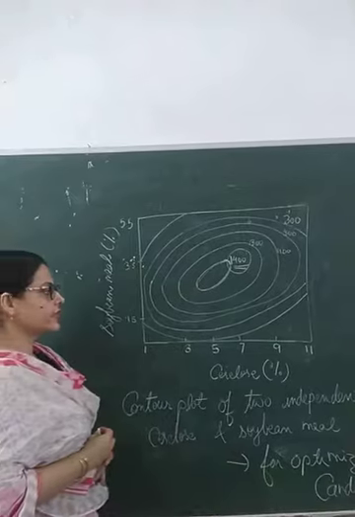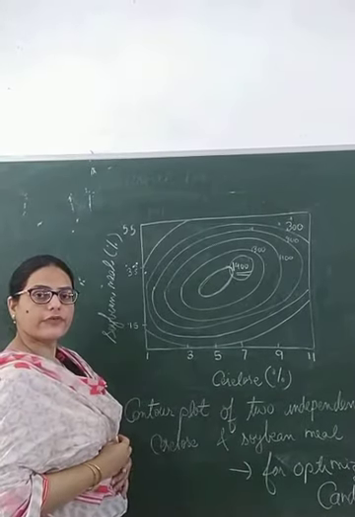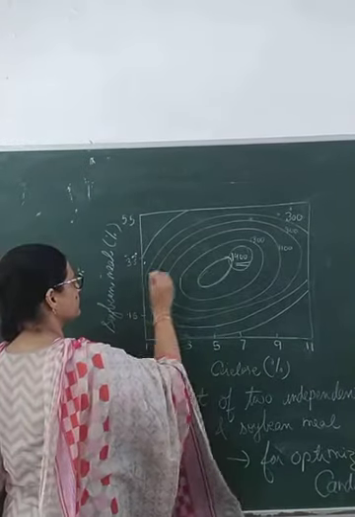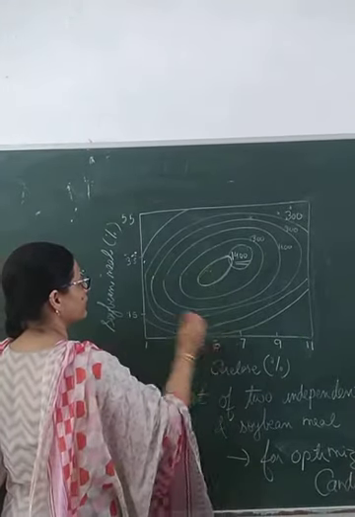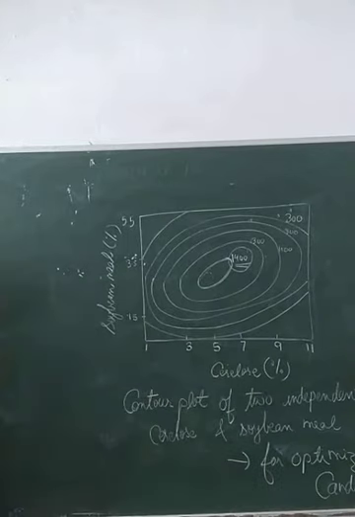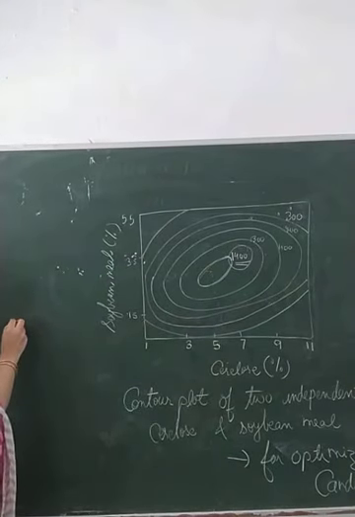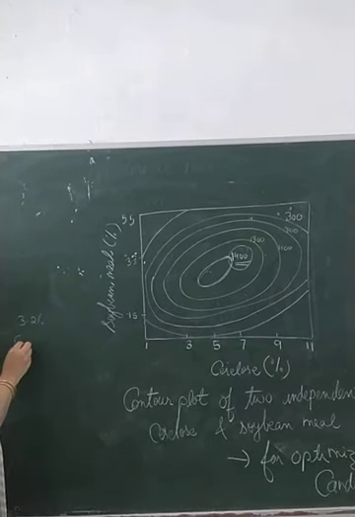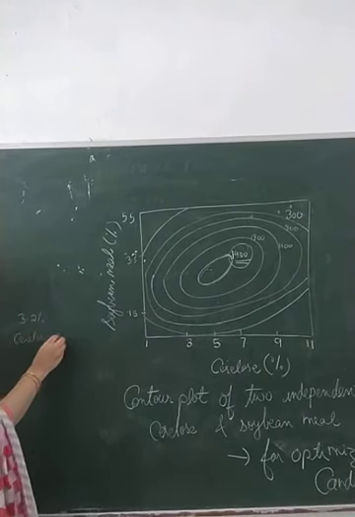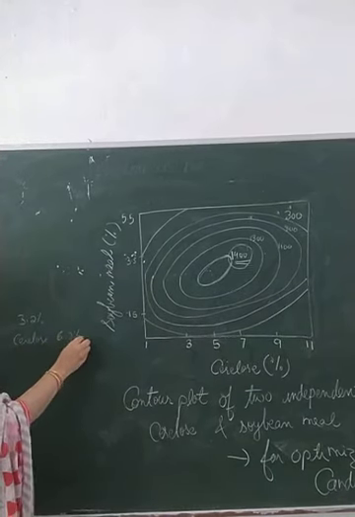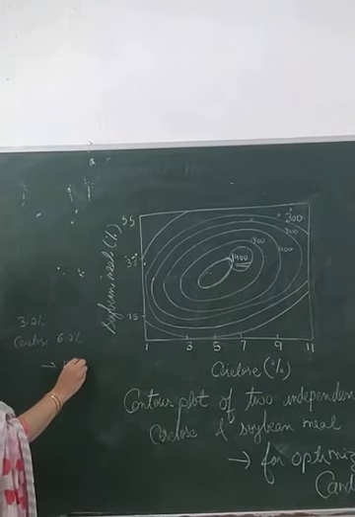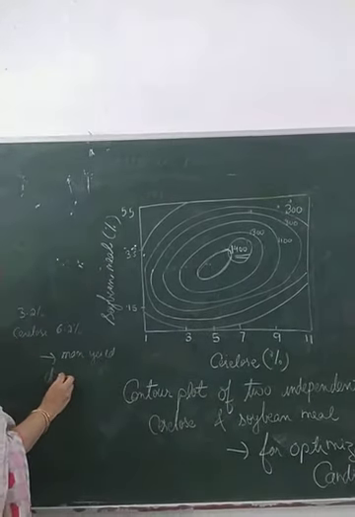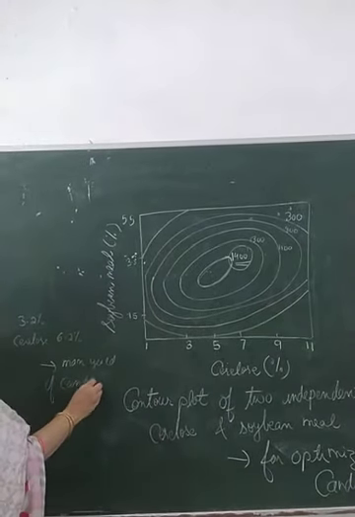Now if we see the concentration of the variables soybean and cellulose, we can infer that soybean 3.2% approximately and cellulose 6.2% was giving the maximum yield of this metabolite candidate.